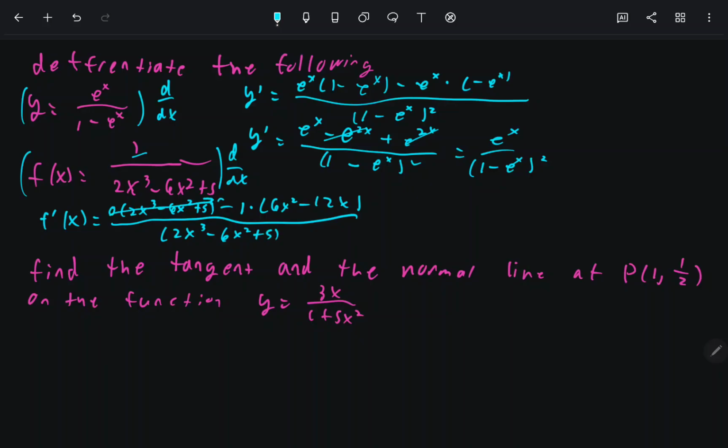This is just 0. And I don't think I can factor anything to make this pretty, so we are going to be left with a negative 6x squared plus 12x, all over 2x cubed minus 6x squared plus 5, squared.